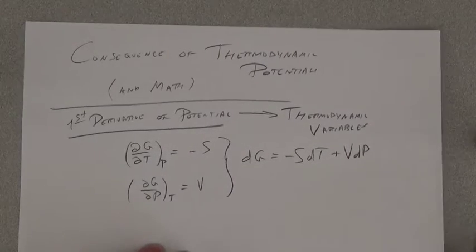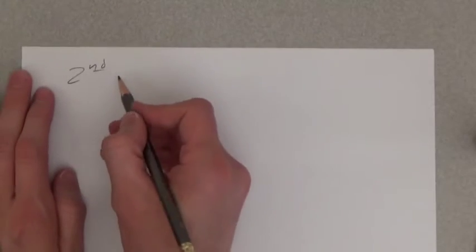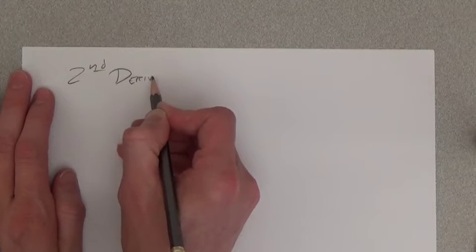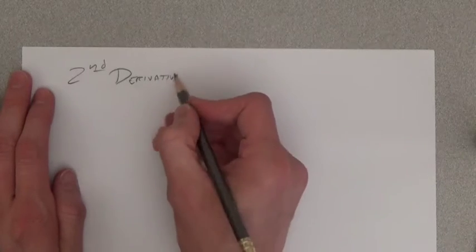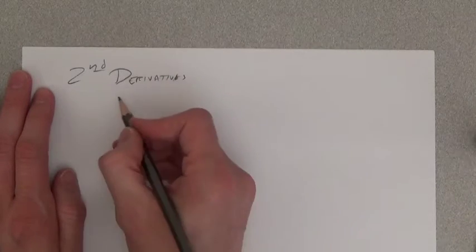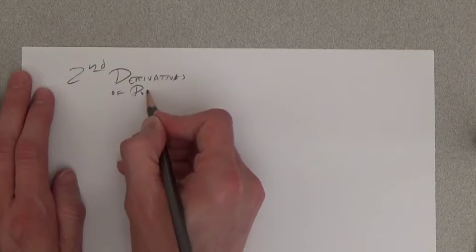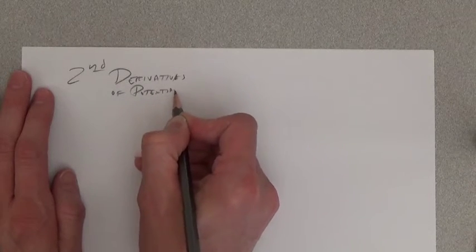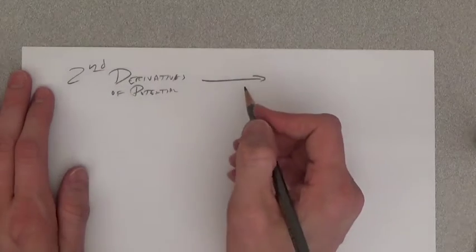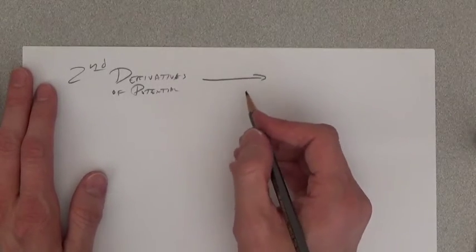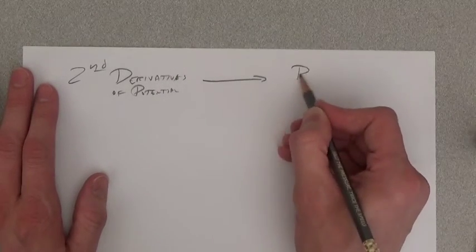Something that you haven't seen yet, and which I think is possibly a more significant consequence, is that the second derivatives give us material properties, or let's just call it properties.